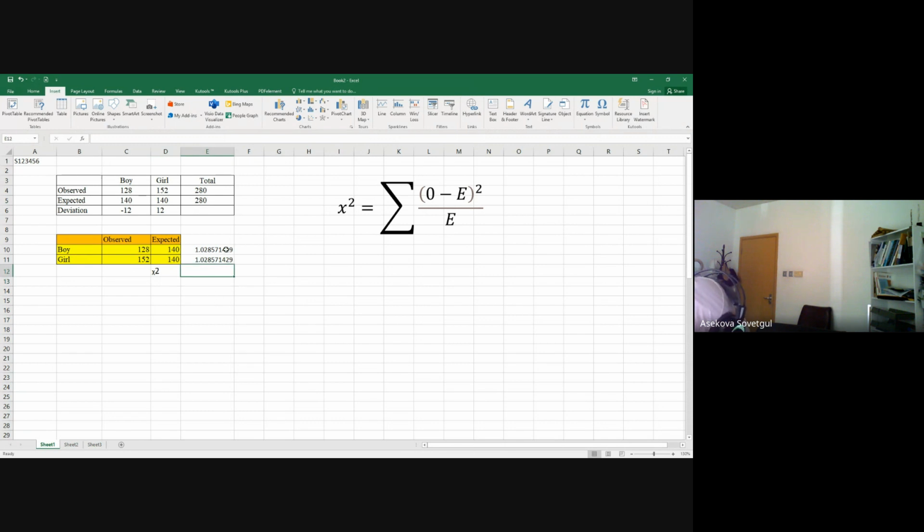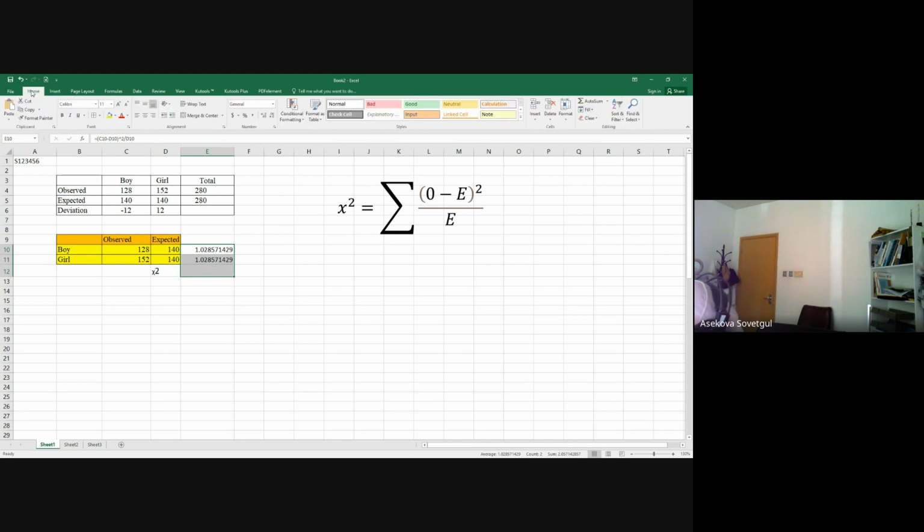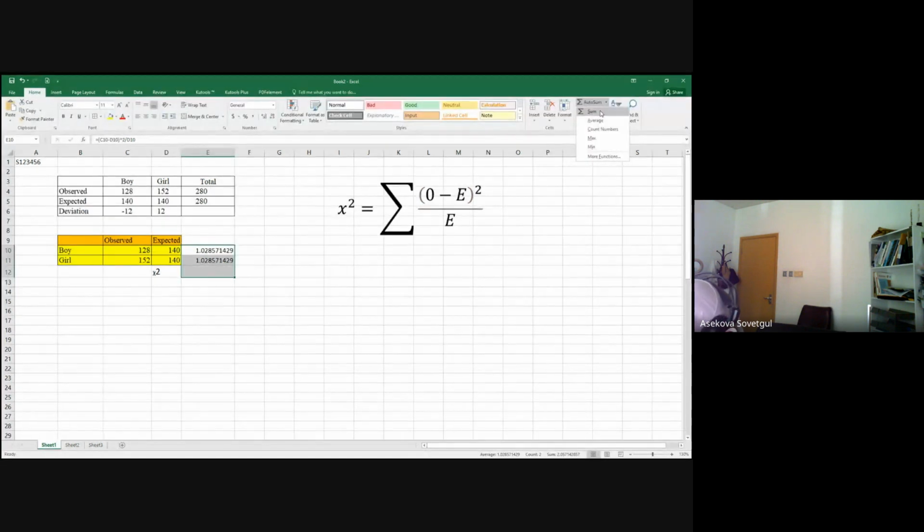So summation. We can do it two different ways. From the Home tab, on the right end, you will see there are options for the summation symbol, and the first one will do it like this.